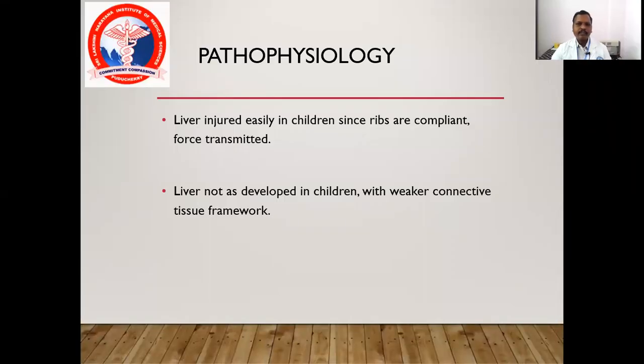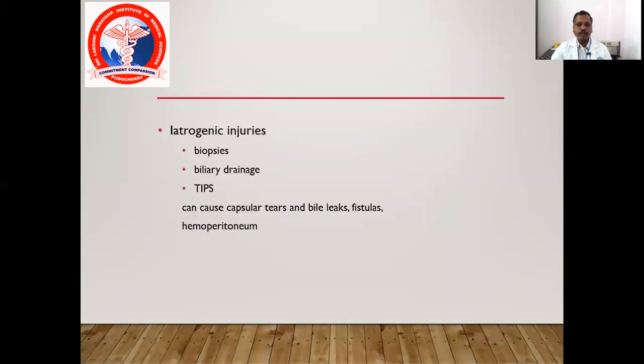The liver is also not as developed compared to adults. In adults it is already a very friable organ, and in kids it is weaker still, with a weak connective tissue framework.